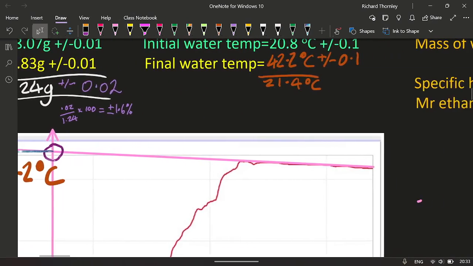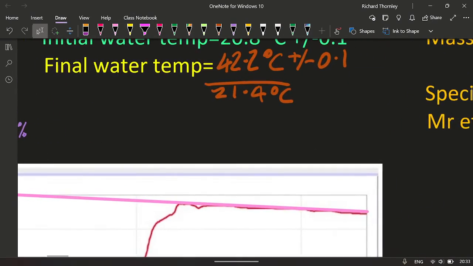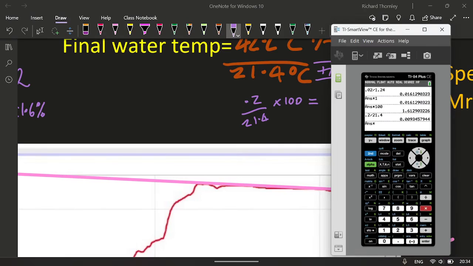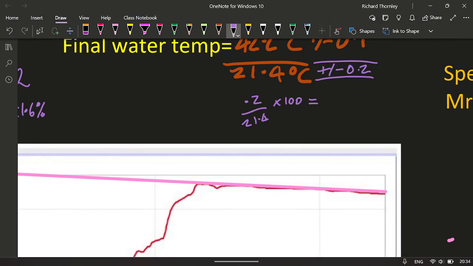Looking at the uncertainty for the temperatures, again, I'm going to add the uncertainties together. Let's calculate that uncertainty. So that's plus or minus 0.93%.